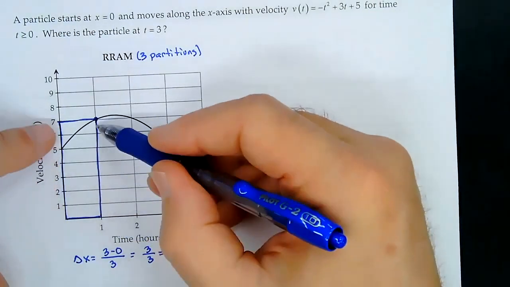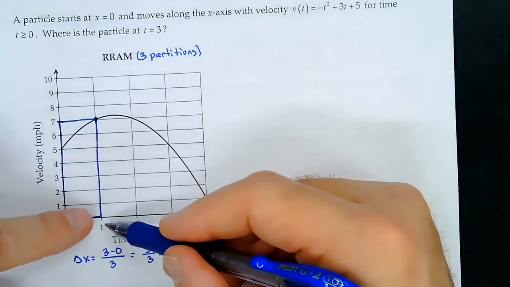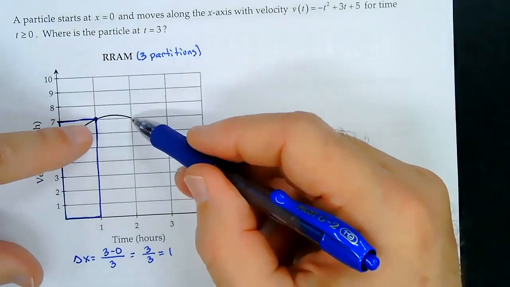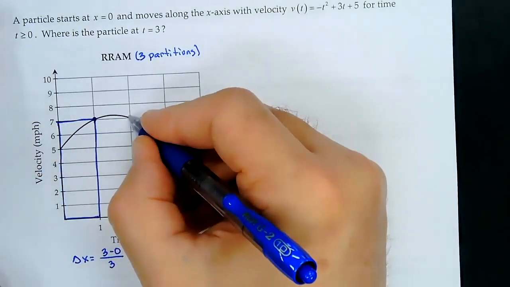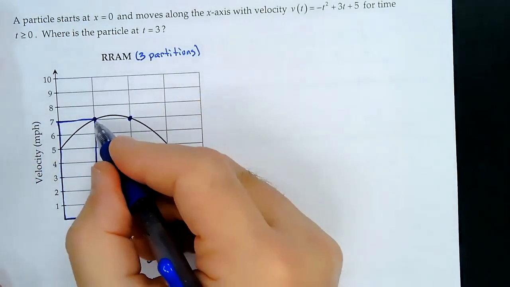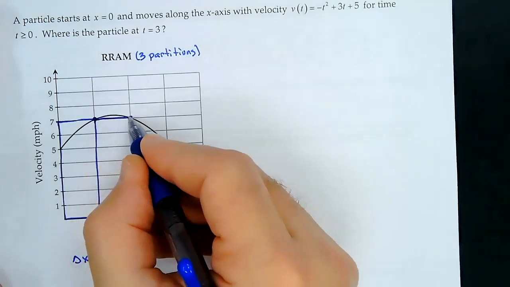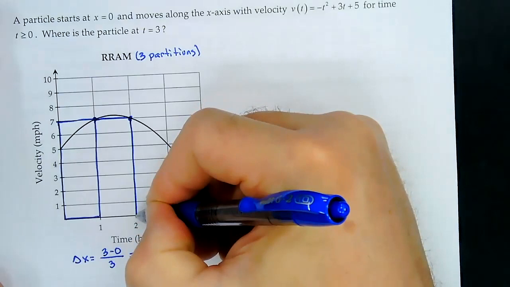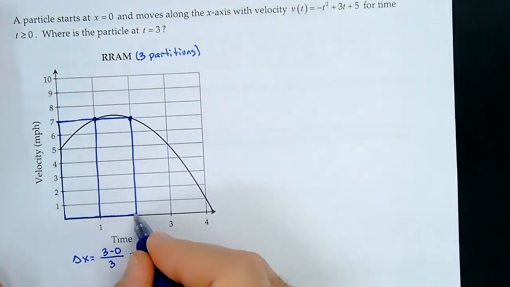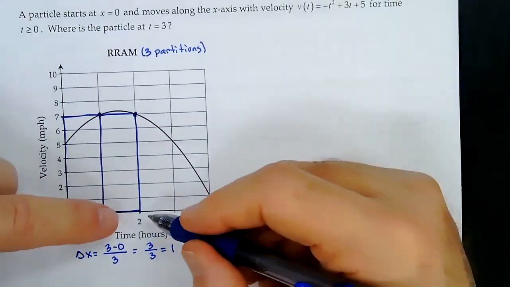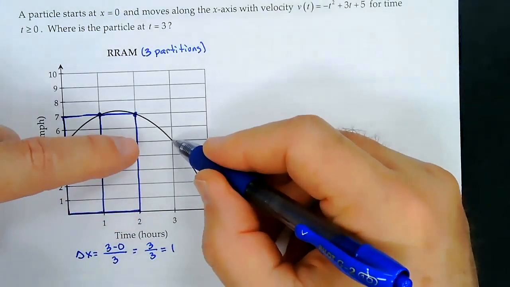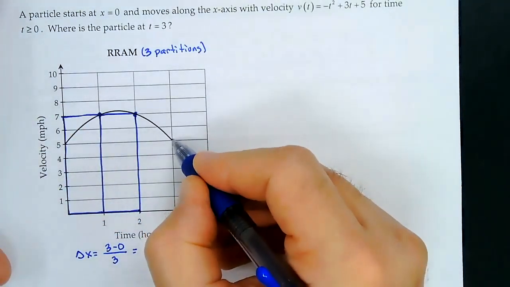So that would be v of 1, right? And then we're going to make our next rectangle from 1 to 2, and we're going to go up until the right side hits it. So the right side is going to hit it right here. So that's going to be v of 2. And then we're going to end this by going from 2 to 3 and going up until the right side hits it. That'd be right here in this case.